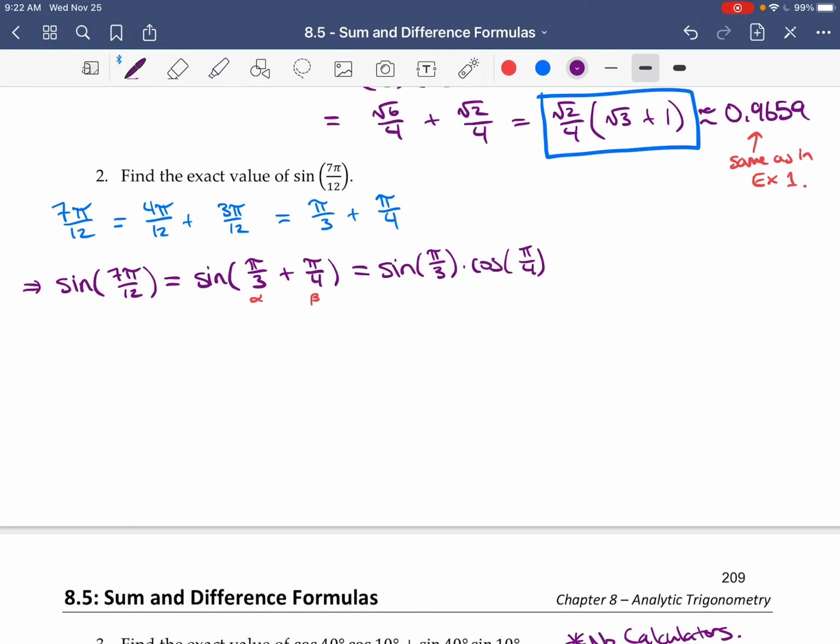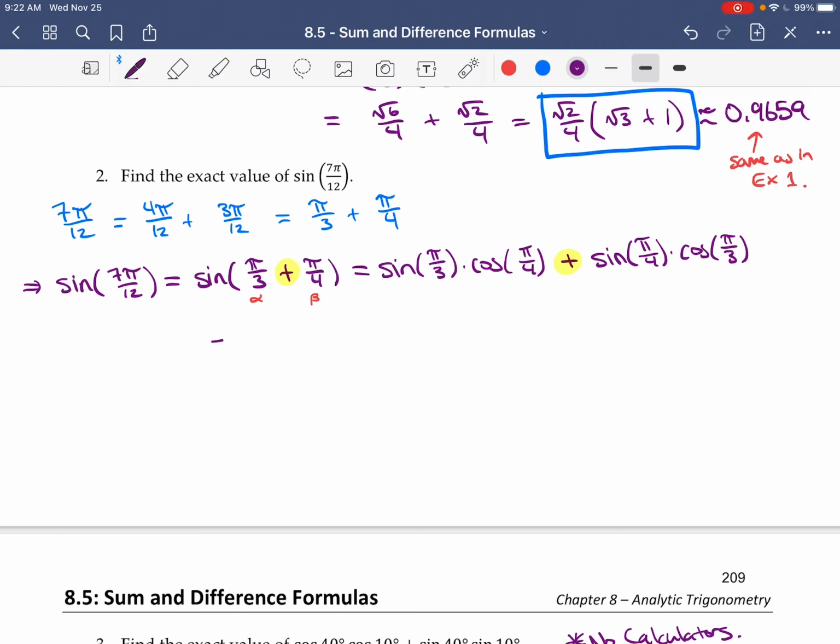And then for sine, you keep the sign the same, so I'm still going to have plus. And then I have sine of beta, so pi by 4, times cosine of alpha, which is pi by 3. So this sign and this sign match.